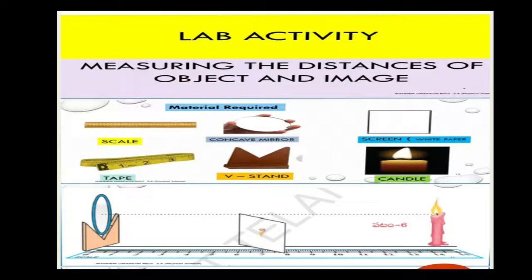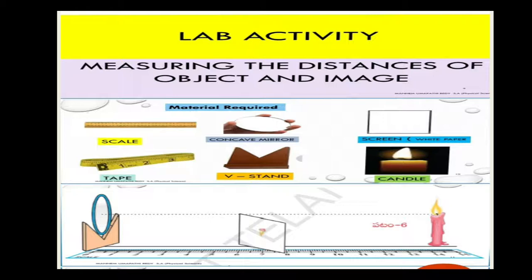Next, we can see the lab activity. What is the lab activity? We can measure the object distance and image distance, and based on this we can find the types of images. What are the requirements?